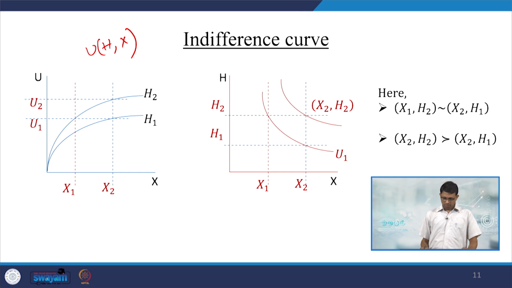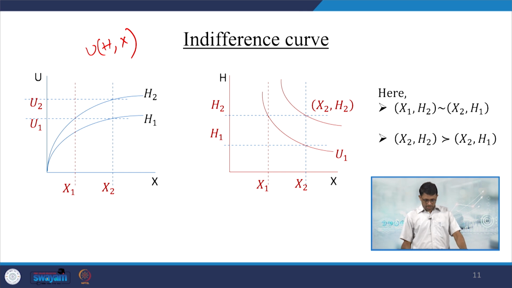Now, if you remember well, in the indifference curve our purpose is to identify which combination of the bundle of commodities gives the best level of satisfaction to the consumer.